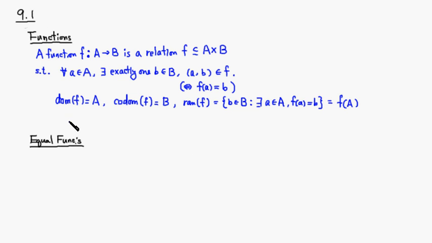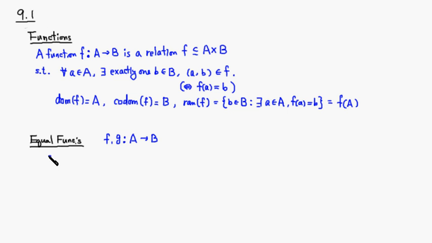And if you want to talk about the equality between two functions, all you really have to do is, let's say you have two functions, f and g, functions from A to B, right?